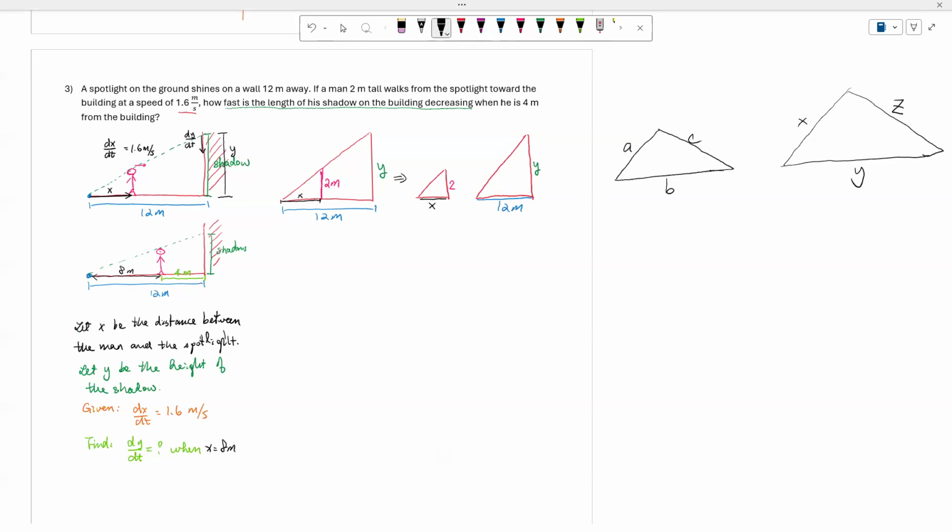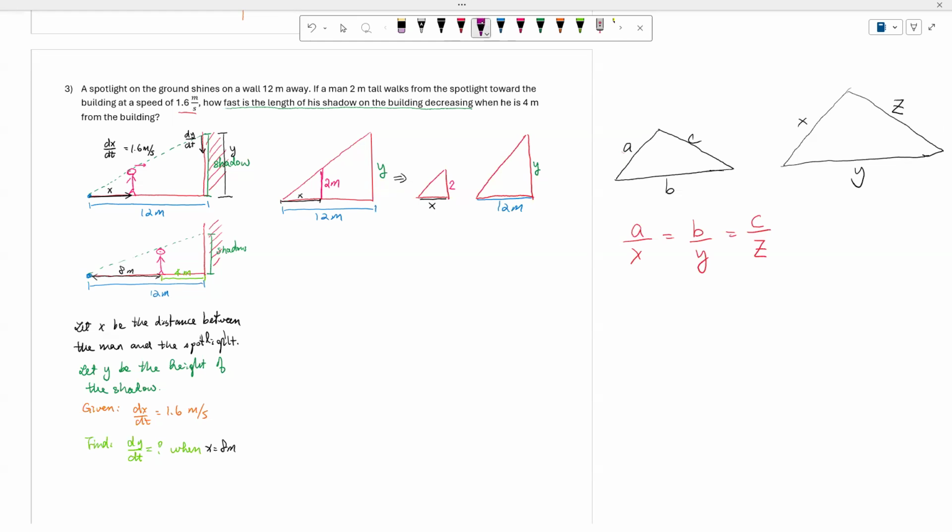If they are similar triangles, that means we could make the ratio, for example, A to X is equal to B to Y is equal to C to Z. We could do it this way.